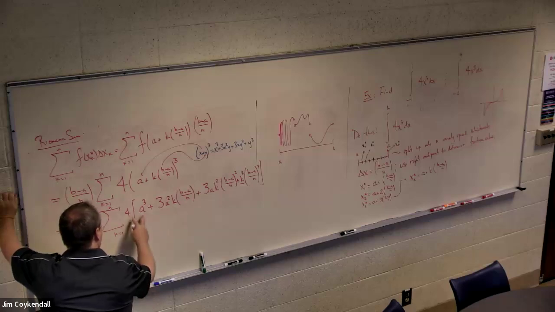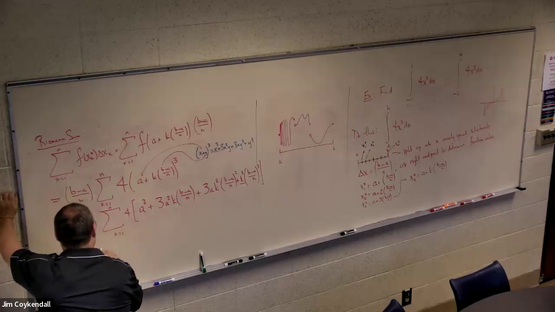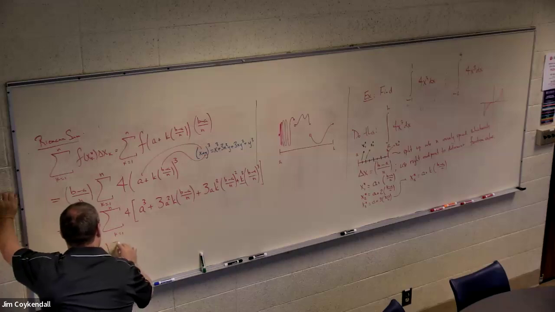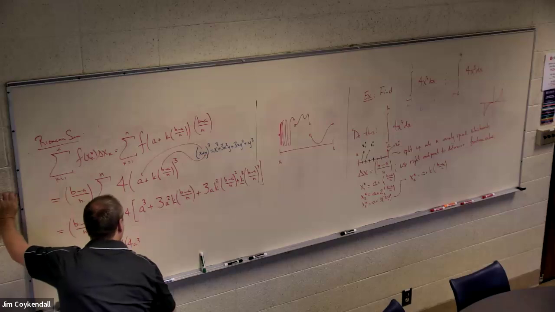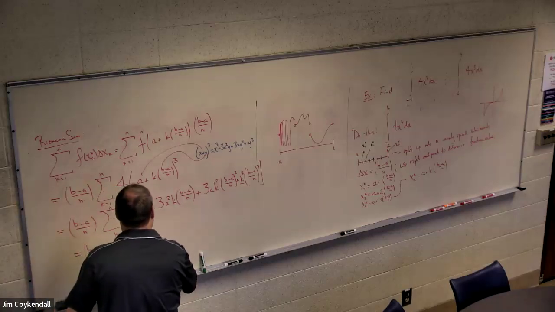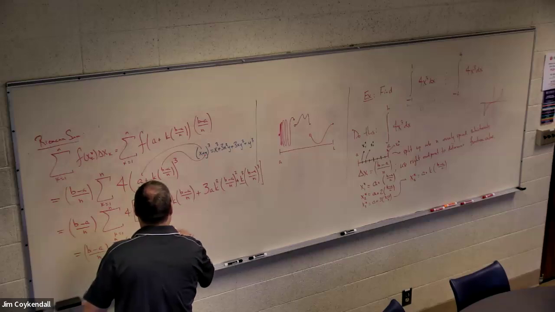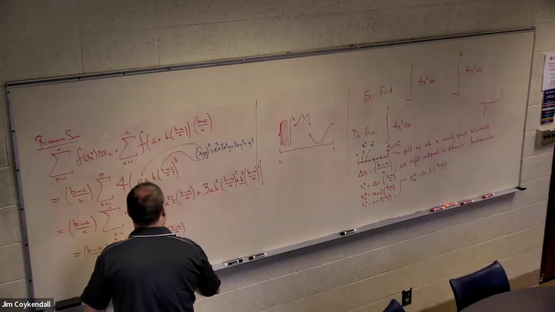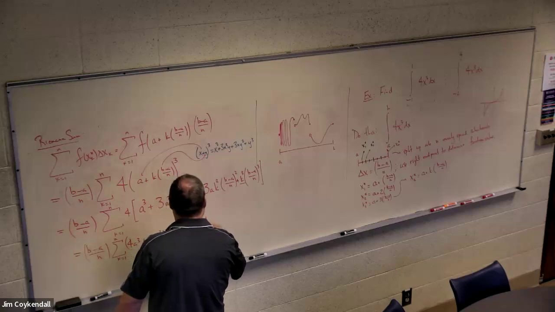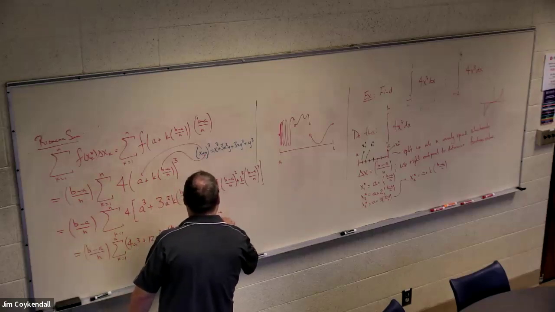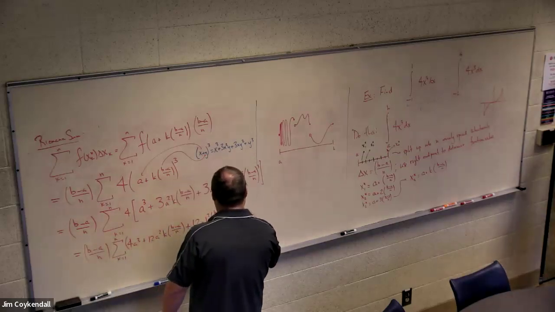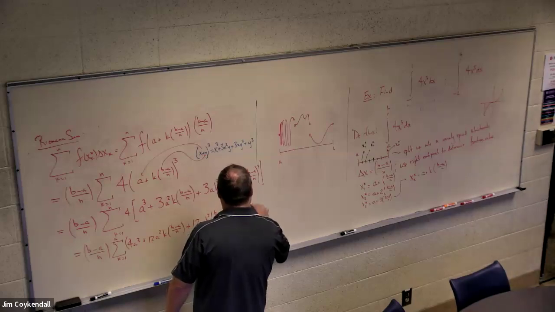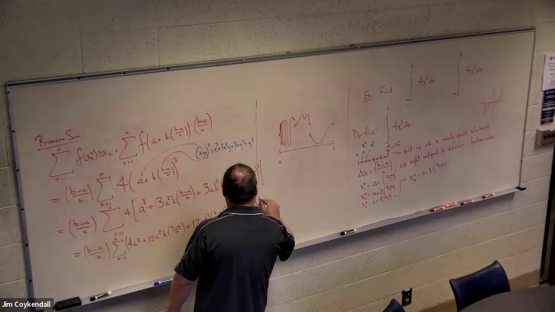This is 4a cubed plus 12a squared k (b minus a)/n plus 12a k squared ((b minus a)/n) squared plus 4k cubed ((b minus a)/n) cubed.